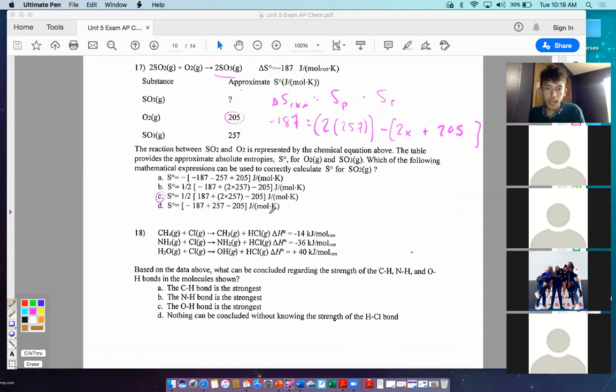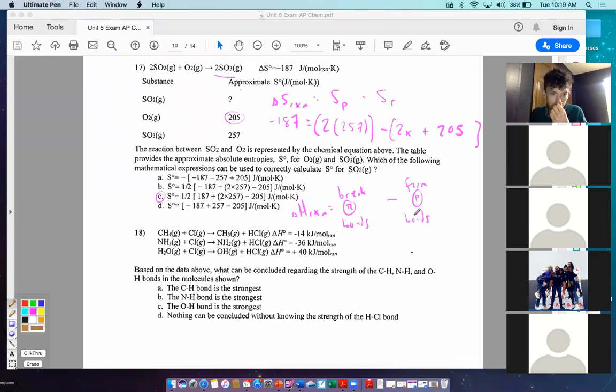Remember that delta H for the reaction is equal to energy in to break reactant bonds, plus energy out, which is a minus, to form product bonds.